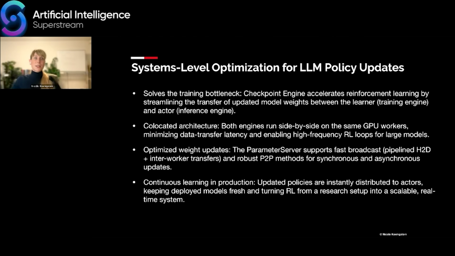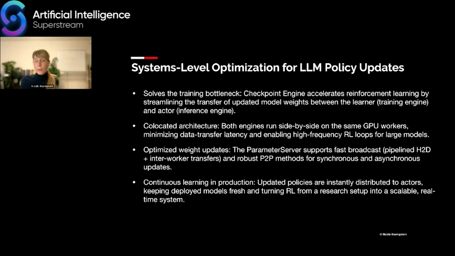And what it does is it solves that training bottleneck. So with the checkpoint engine, you accelerate the reinforcement learning by streamlining the transfer of updated model weights between the learner, the training engine, and the actor. And what you have is a co-located architecture. So both engines you need for the training run sit side by side on the same GPU workers, and this minimizes data transfer latency, enables high-frequency RL loops, and in general optimizes your overall spend and the time you need to train.